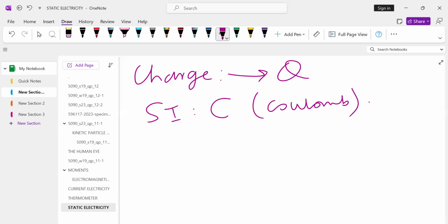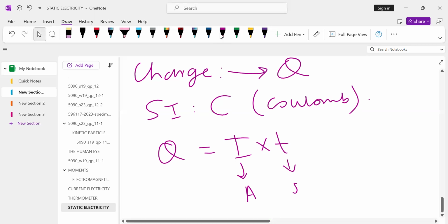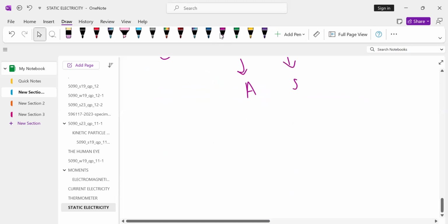Then the formula to find the charge is Q equals current into time. I is current and T is time. Current is in amperes, and time is in seconds. So you can remember this formula using a triangle.